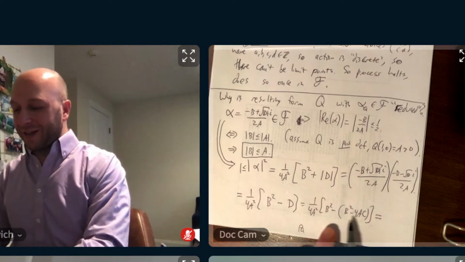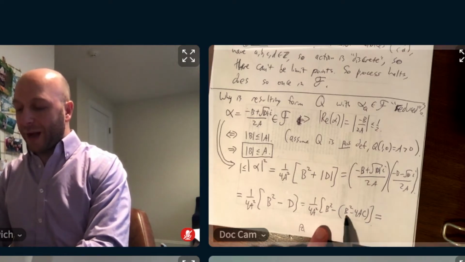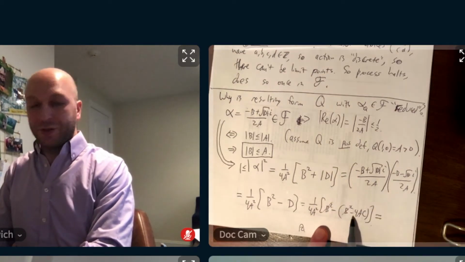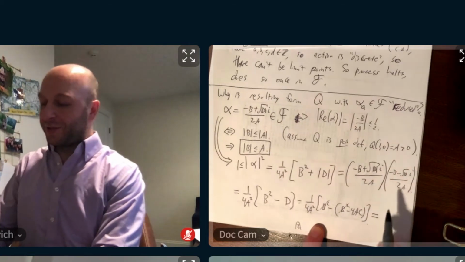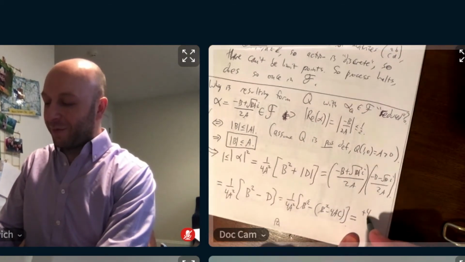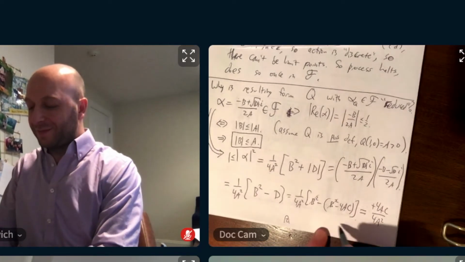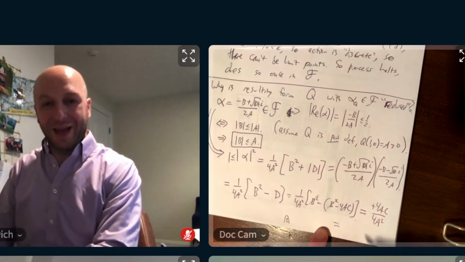Right. You get negative. Let's see. The b squared and the minus b squared cancel. The minus and the minus also cancel, so I think I should be getting a plus sign. And then I have a 4a, so let's just say plus 4ac over 4a squared. The 4's and one of the a's cancel, and I just get c over a.